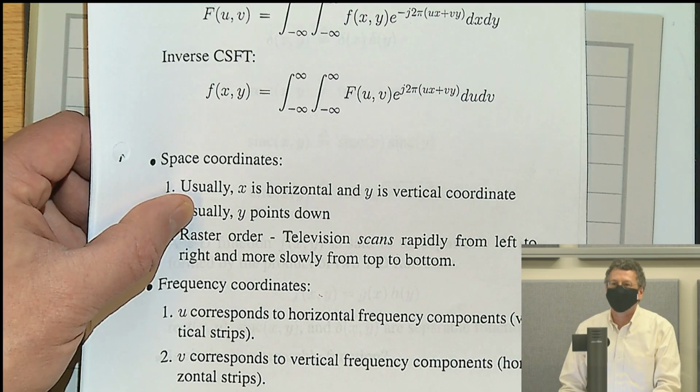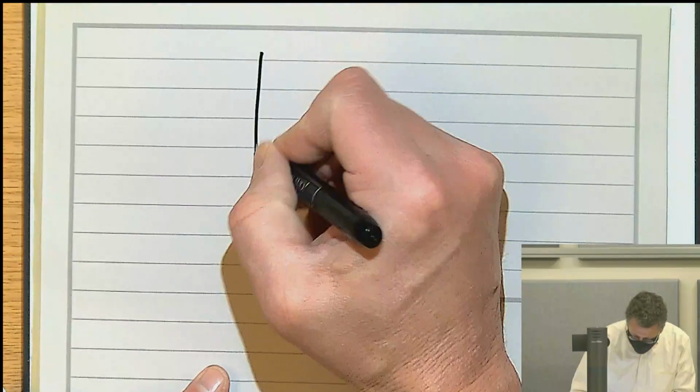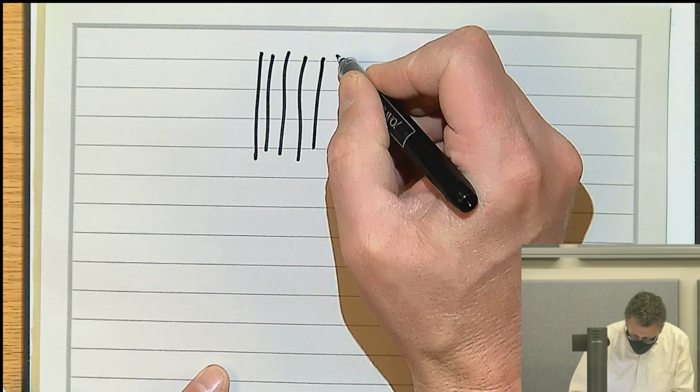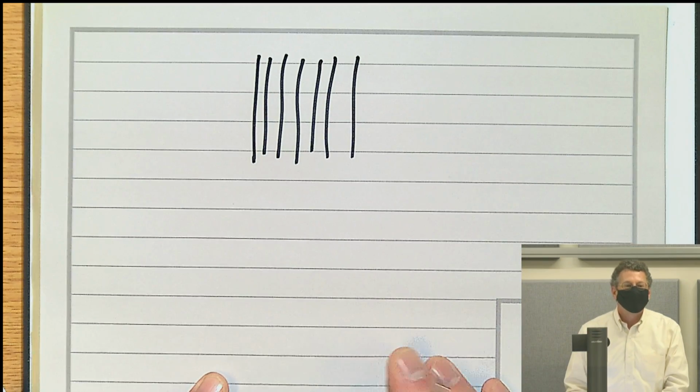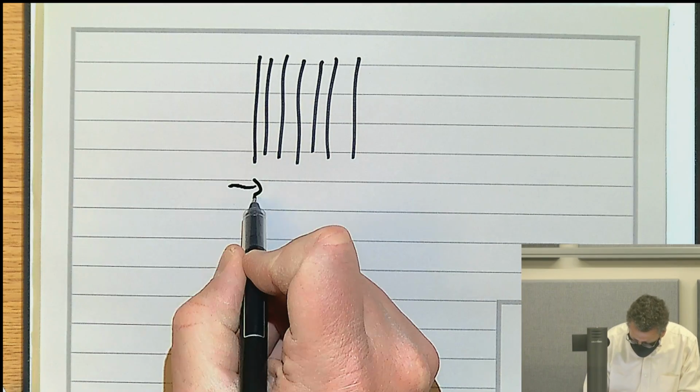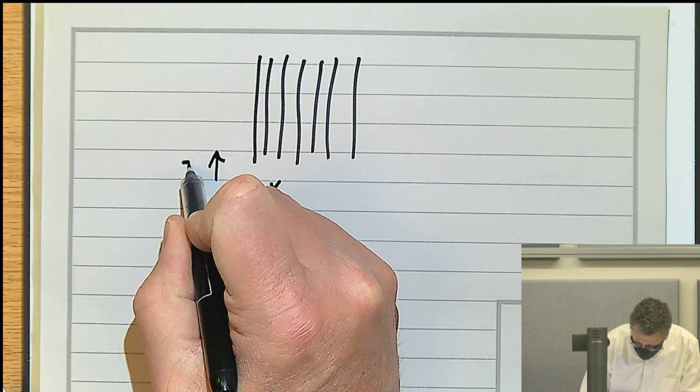Now, unfortunately, I wore the wrong shirt today. I should have thought of that. Usually, I end up wearing a shirt with pinstripes, like little stripes. So if you have something like this, and this is X, and say that's Y, it doesn't matter.